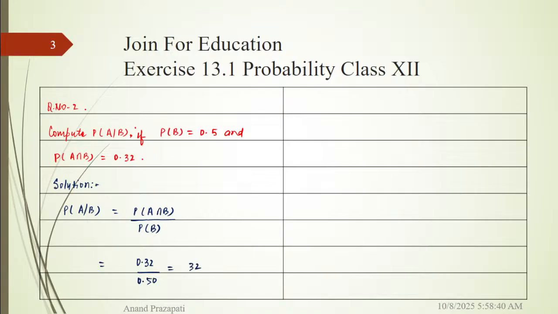We cancel out the decimal, then we get 32 by 50 equal to 64 by 100.